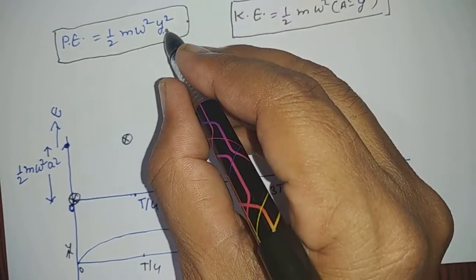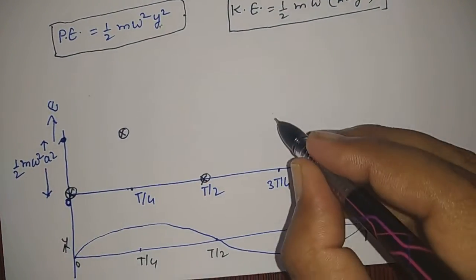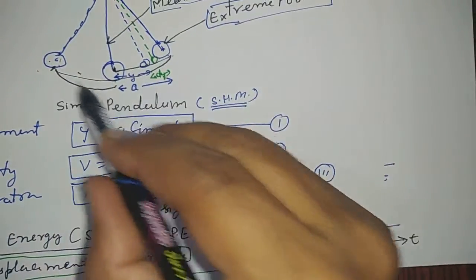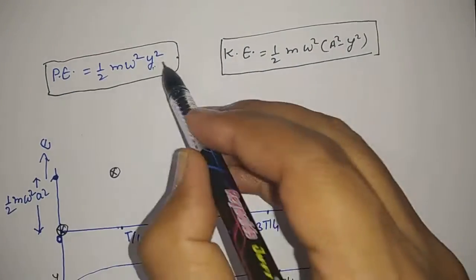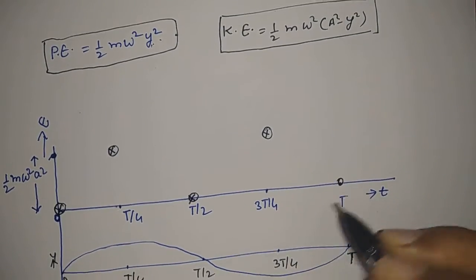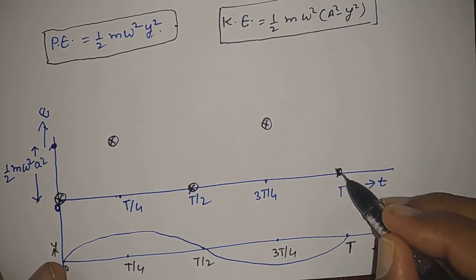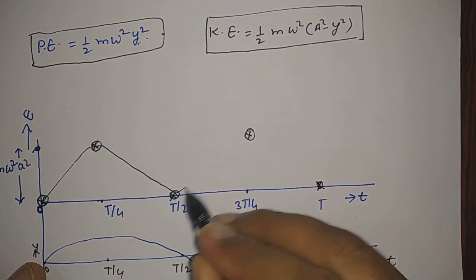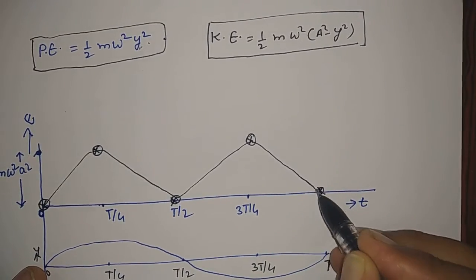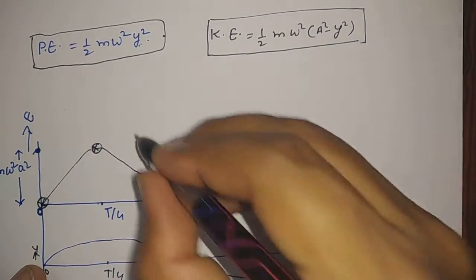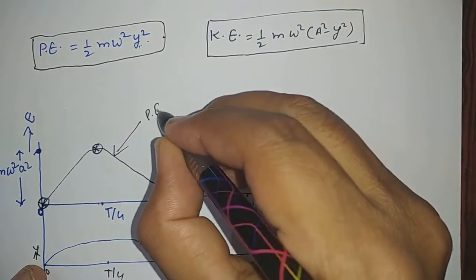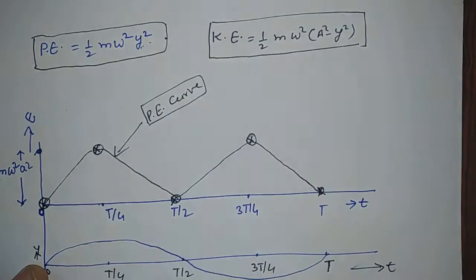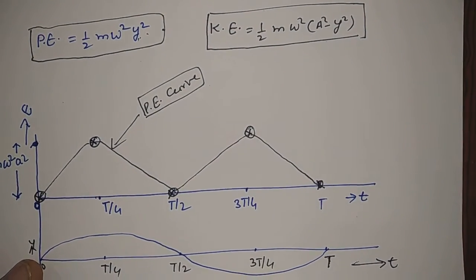Half m omega square a square, maximum. At capital T, coming back to the mean position, displacement is 0 again, so potential energy is 0. Joining with free hand, this is the potential energy curve.